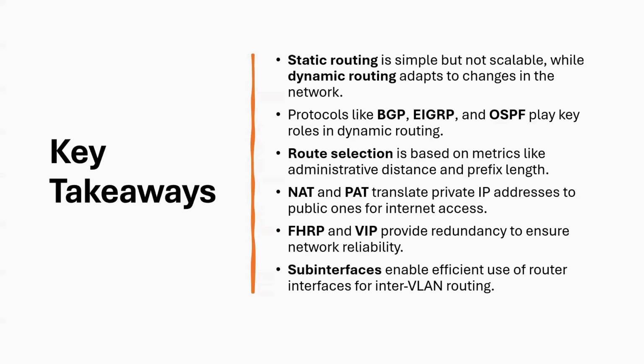NAT and PAT help with IP address translation, allowing private networks to communicate with the internet. FHRP provides redundancy to ensure that there's no single point of failure, while VIPs and sub-interfaces improve efficiency and scalability. These are some of the most important concepts when it comes to routing in modern networks.